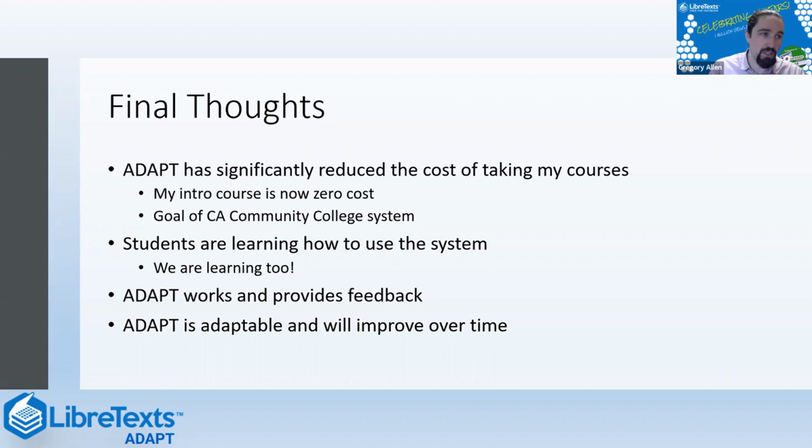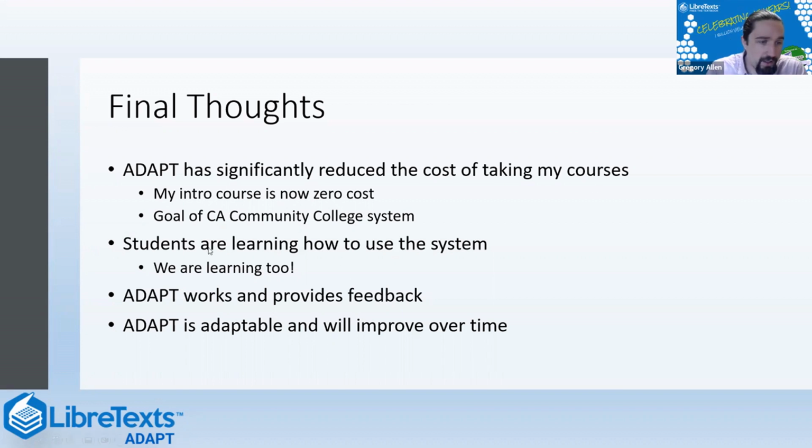And this is actually a big mission with the California Community College Chancellor's Office and the greater California Community College system, where we are trying to create courses and degrees so that our students have zero cost to take those courses, outside, of course, of paying for the course itself.